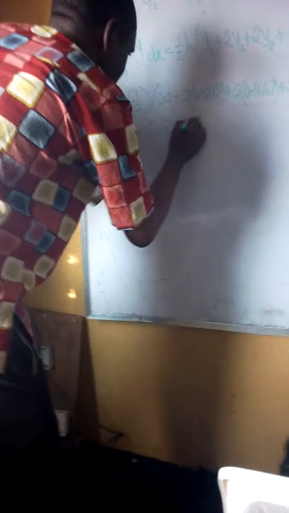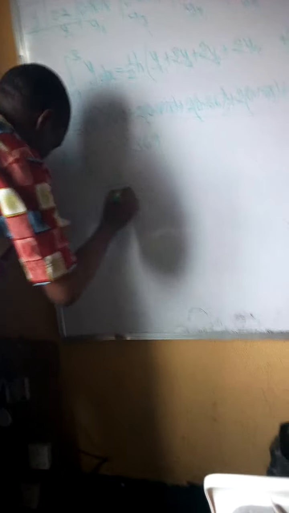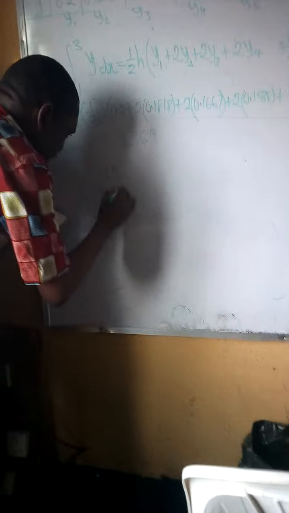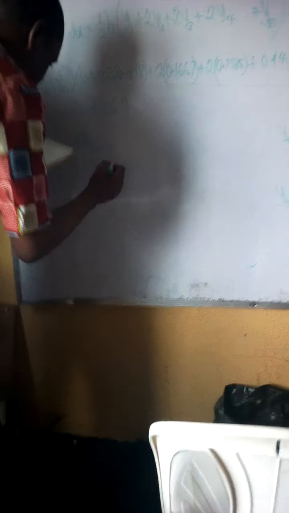If you evaluate this correctly, the area will give you 0.3369. That means the integral between 1 and 3 of 1 over x plus 4 is 0.3369.